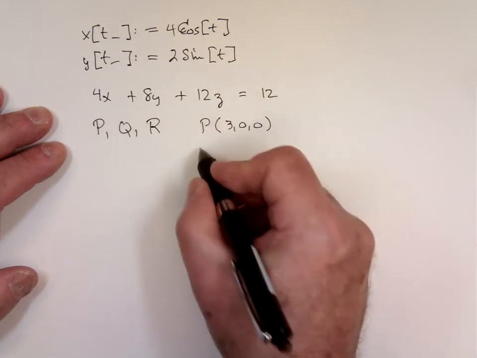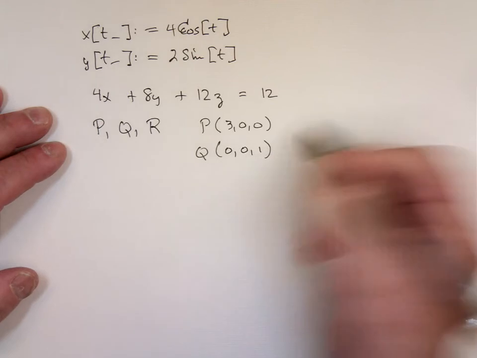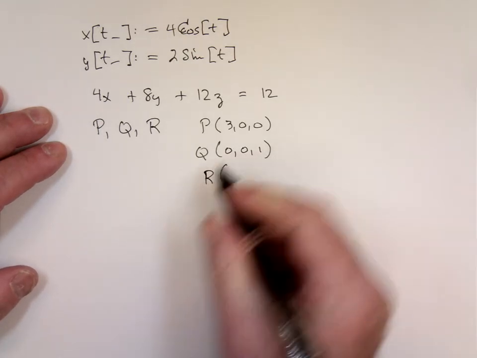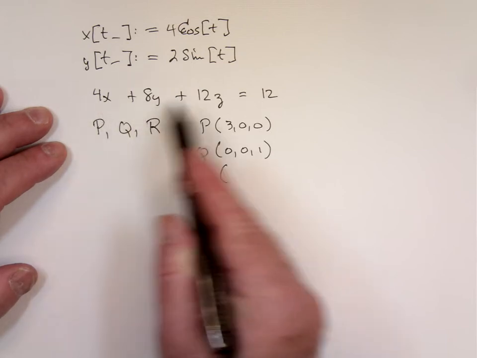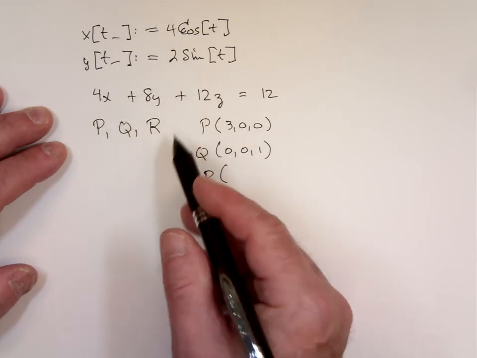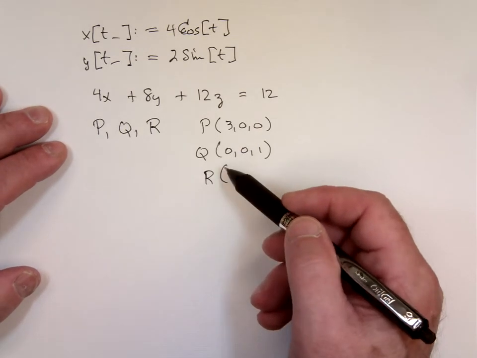So (0, 0, 1). Then we find the y by letting x equal 0 and z equal 0. So y would be equal to 12 eighths, which is 3 halves.